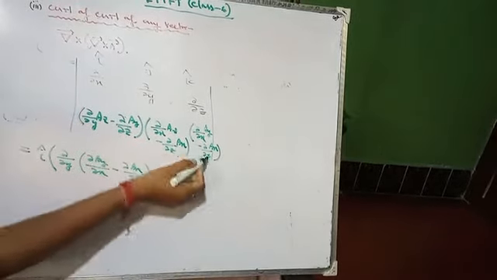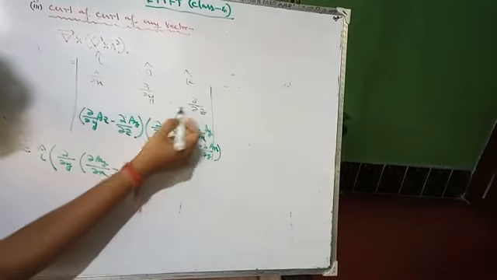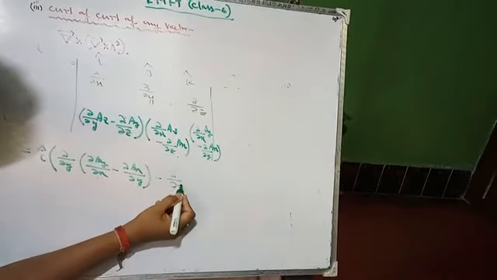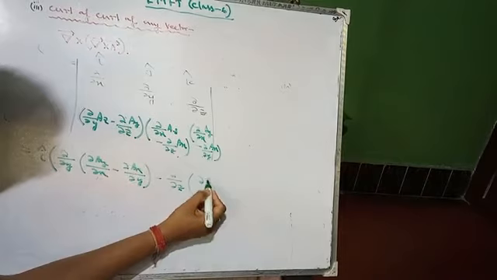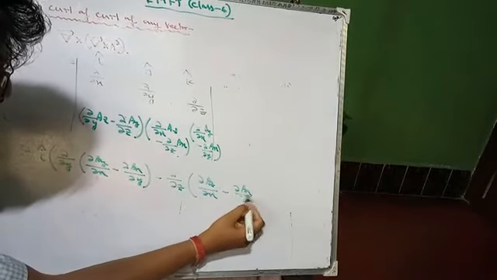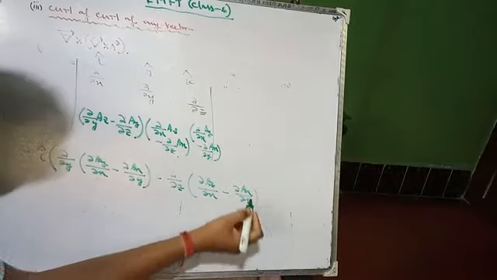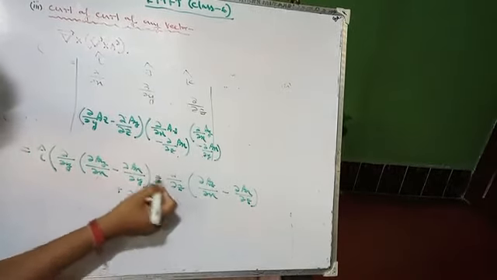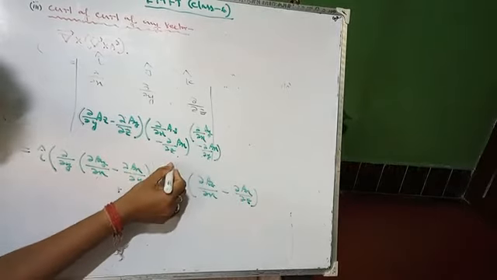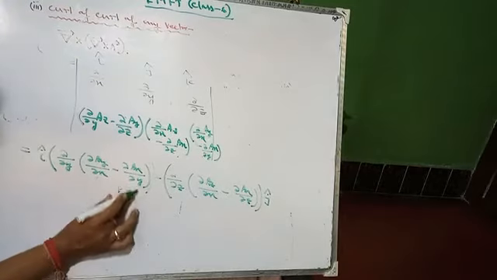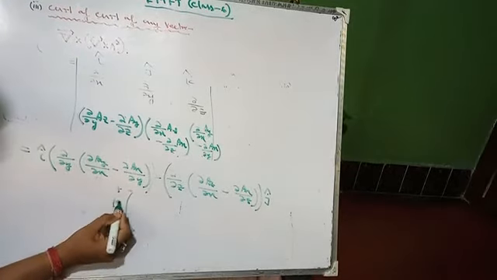This one multiplied with this one, and the negative sign of this one multiplied with this one, so del del z of del az ax del x minus del ax del z. This is the first term, the second term will be j cap, and the third term will be k cap.